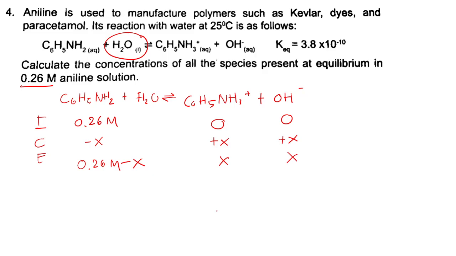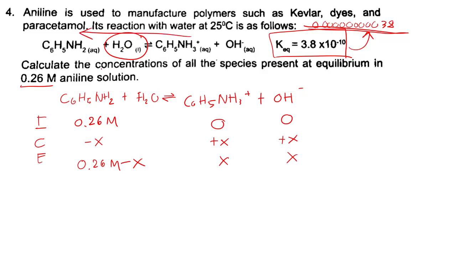Okay, so we are finding for the X here. So let's note that our KEQ is very small. That's a very small number. It's equal to 0.00000000038. So this is equal to 3.8 times 10 to the power of negative 10. So when KEQ is very small, it means that this reaction favors the reverse reaction.